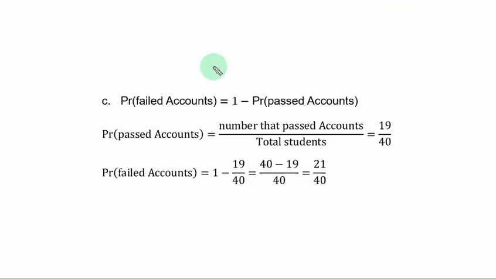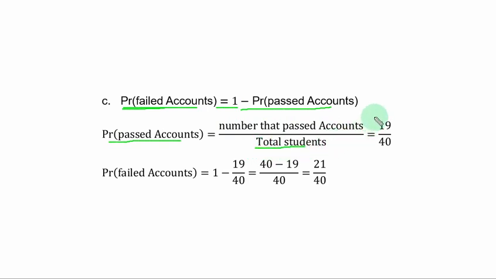C part of the question, probability those that failed accounts plus probability those that passed accounts is equal to 1. To get those that failed accounts, you have to transfer those that passed accounts to the right hand side. You have it in this form. So let's get those that passed accounts. It is equal to number that passed accounts over total students.